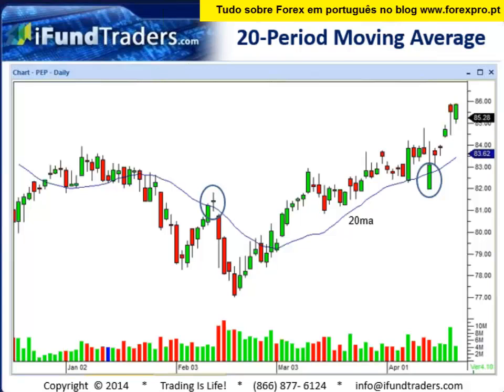So because we play human interaction and identify patterns based on this human interaction, it's the same in all time frames. So you pick your time frame, whatever time frame you like to trade off of, this can be applied to. If you like the 5-minute, okay, the 5-minute candlestick chart is your time frame.